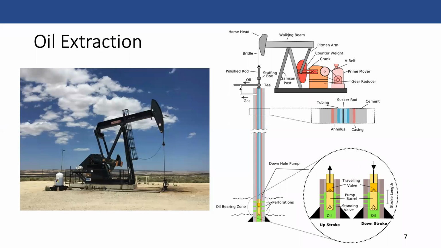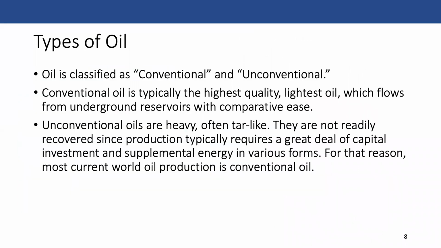Some shale resources are richer in oil and less rich in gas, and vice versa. So the same method that is being used in fracking for the gas resources is also able to extract oil.